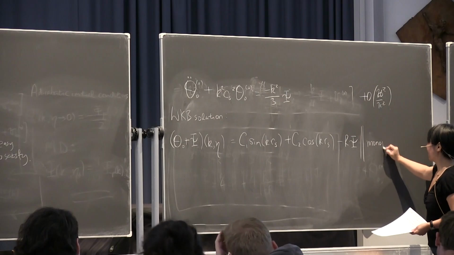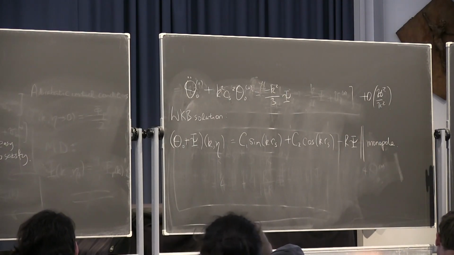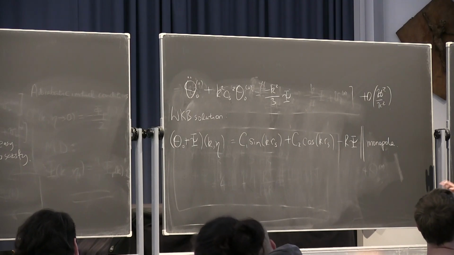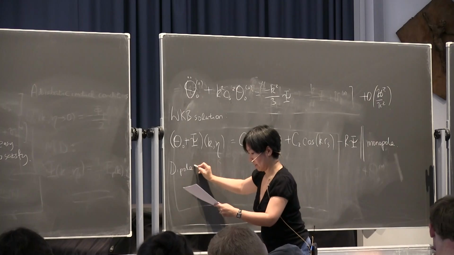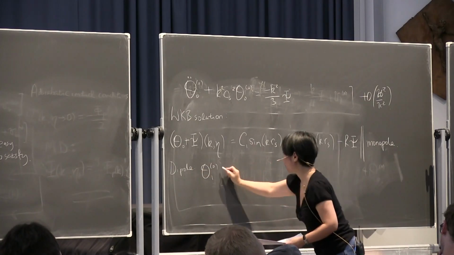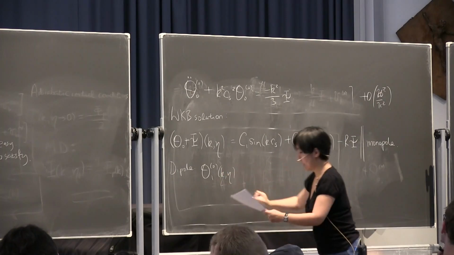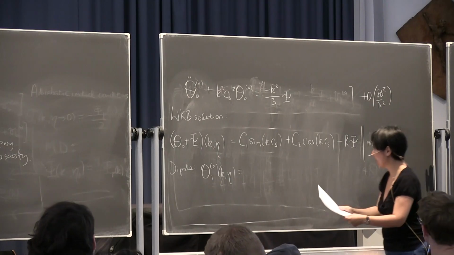I can, in fact, also derive a similar kind of solution for the dipole temperature fluctuation, which I won't do, I'll just give you the answer. The dipole looks like this. It'll be theta 1 naught. Again, it's a function of k and time, and is actually related to the monopole solution.